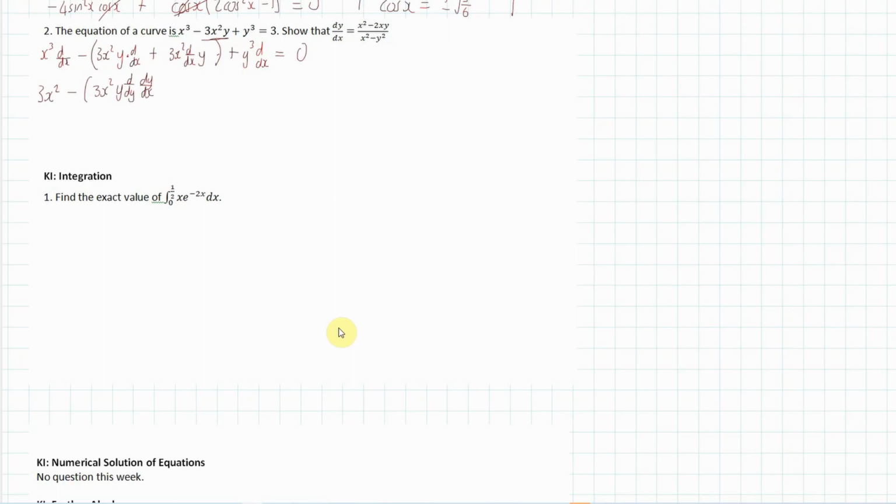You can see, if you just think about it, the dy's cancel out, and you're left with d/dx. So it's the same thing, but we first differentiate the y with respect to y, and that will leave us with the dy dx. Now the next one is 6xy, close bracket, and then we're going to do the same with this y cubed, so it'll be d/dy and then dy dx.